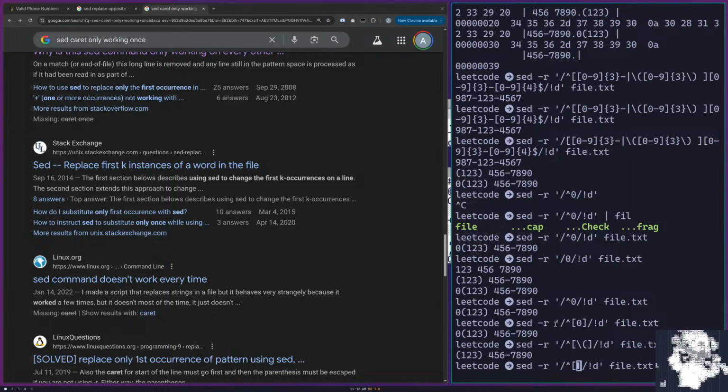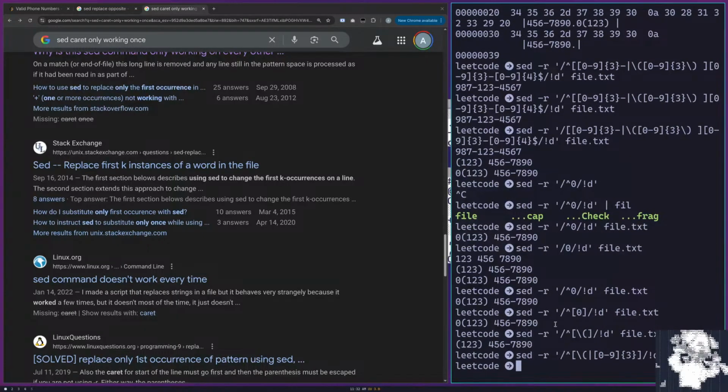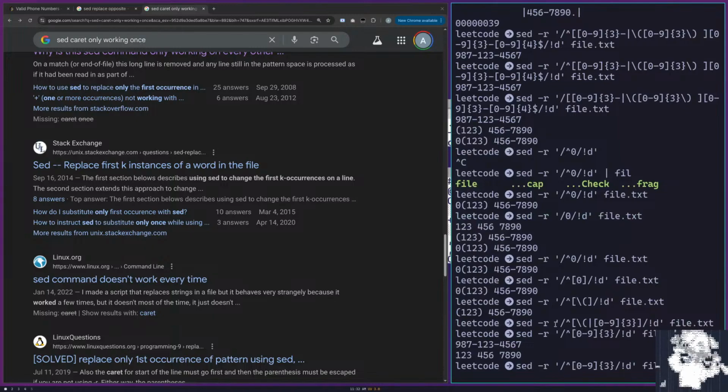So what if it's open parenthesis or a number between 0 and 9? Then it stops working. What if it's just a number between 0 and 9? Then it works.